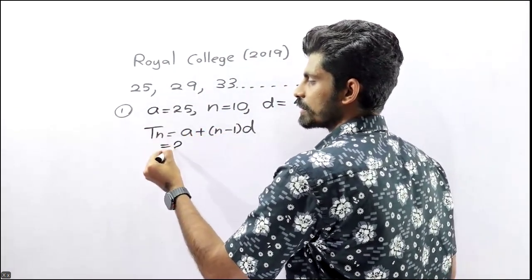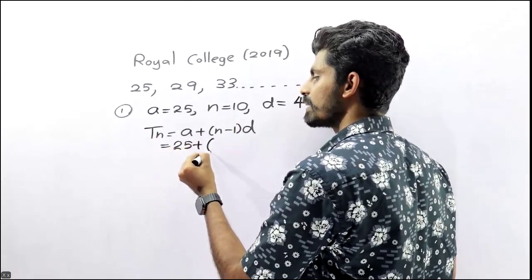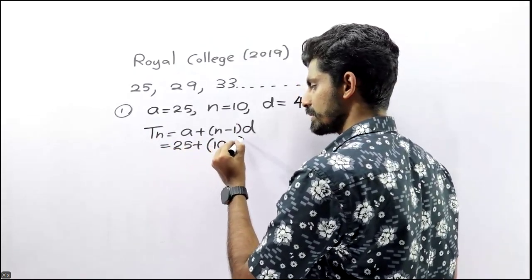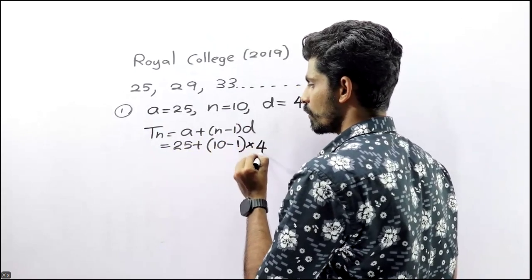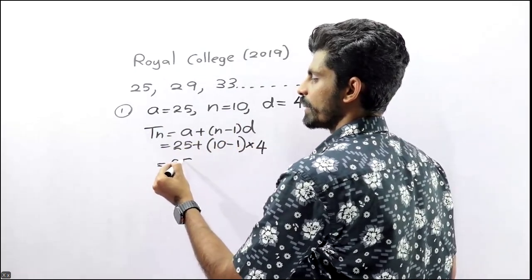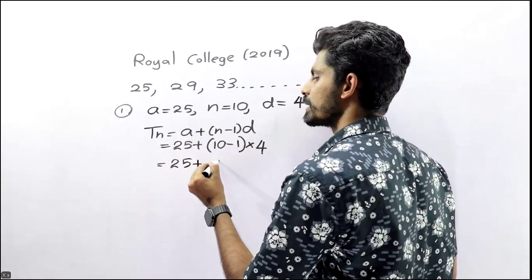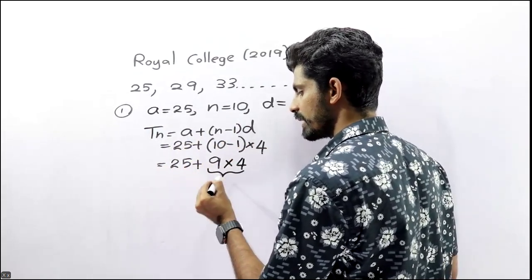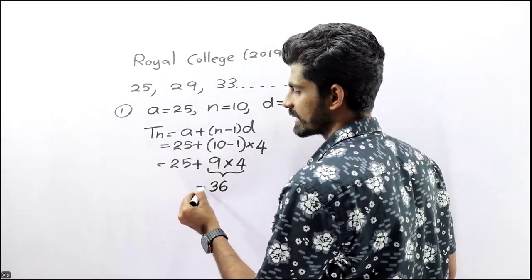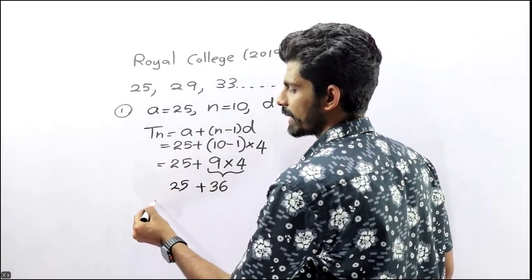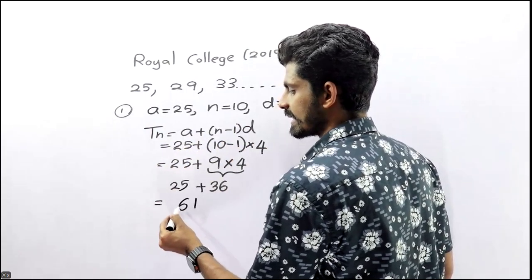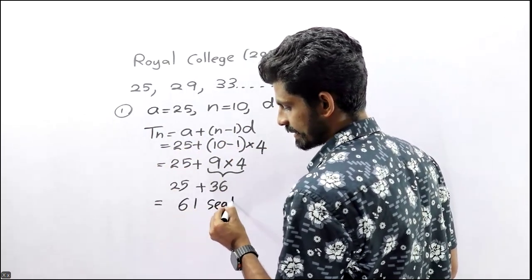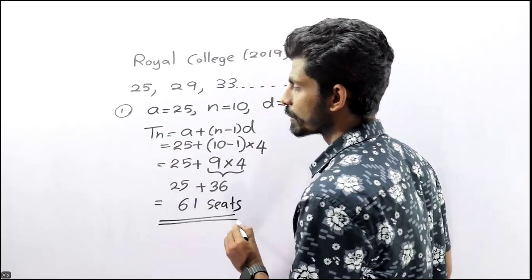A equals 25, n minus 1 means 10 minus 1, into 4. 25 plus 9 into 4, 9 into 4 is 36, 36 plus 25, 61 seats in the 10th row.